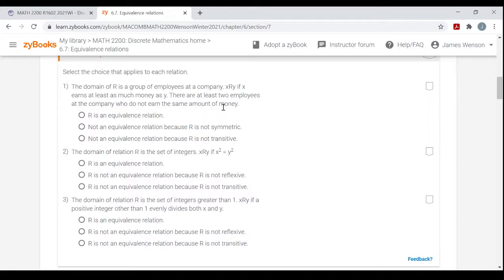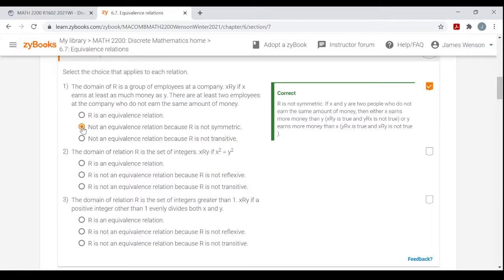So say person X makes more than person Y. So X would be related to Y, but not the other way around, because person Y doesn't make at least as much as person X. So the relation described here on this set of employees is not an equivalence relation because it's not symmetric.